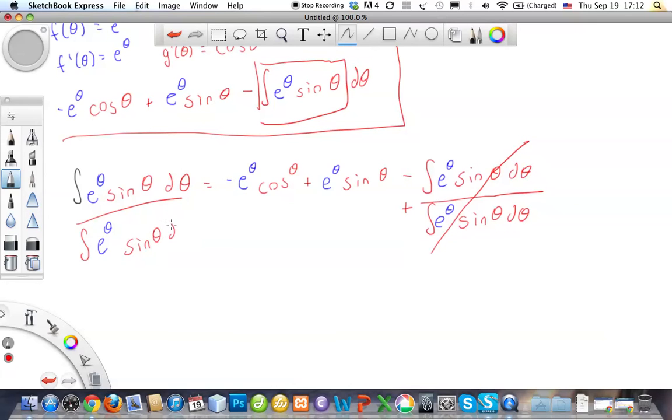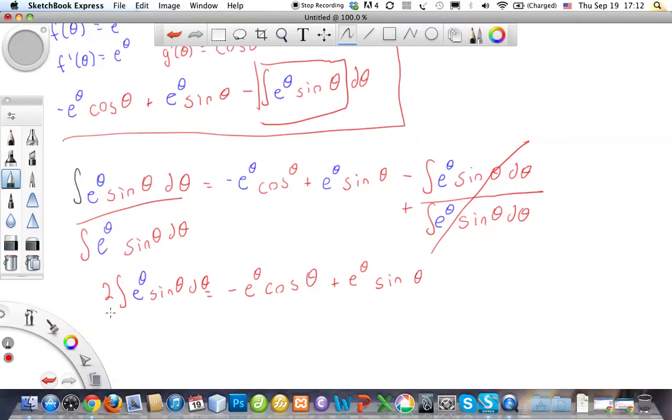That will give me 2 times the integral of e theta sine theta d theta, which is equal to all this: negative e theta cosine theta plus e theta sine theta.